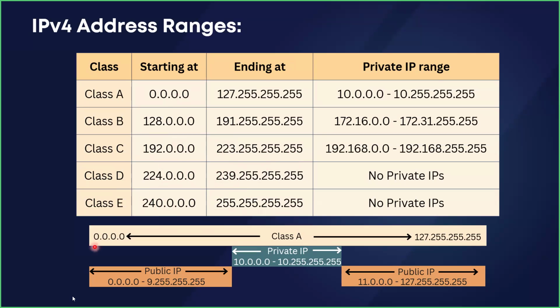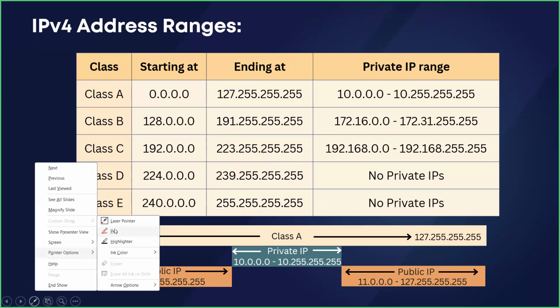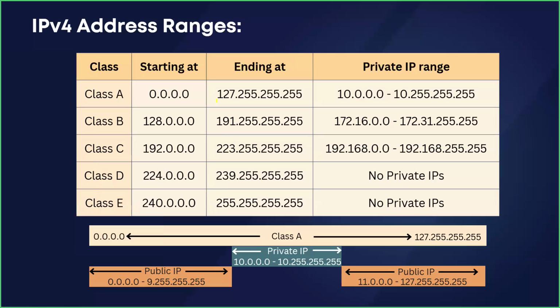The only thing you have to remember are these four odd numbers. If I just circle them out: 127, 191, 223, and 239. From these four numbers, you automatically get the starting range of the next class: 0 to 127, 128 to 191, 192 to 223, 224 to 239, and 240 to 255.